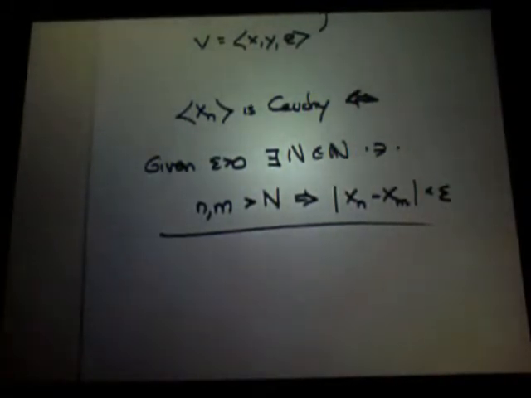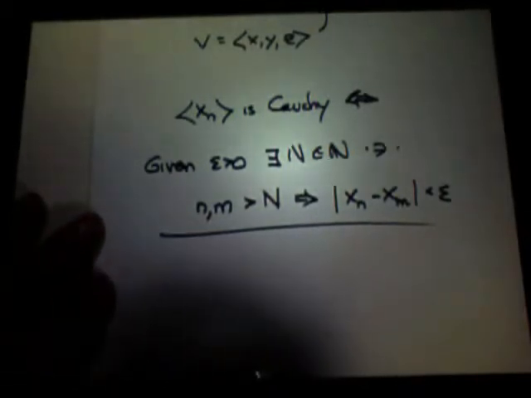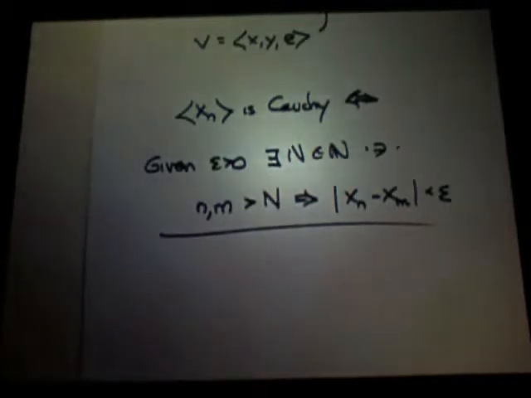And in analysis, you learn that not all Cauchy sequences converge if you pick the rational numbers. You can have a rational sequence that converges to the square root of 2, but of course the square root of 2 is not rational. So the sequence gets closer and closer to the square root of 2.